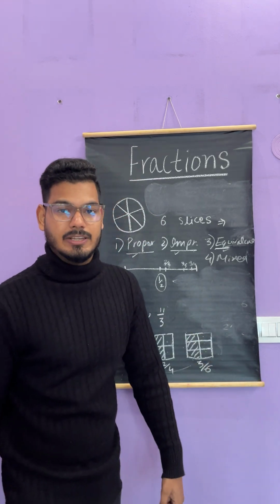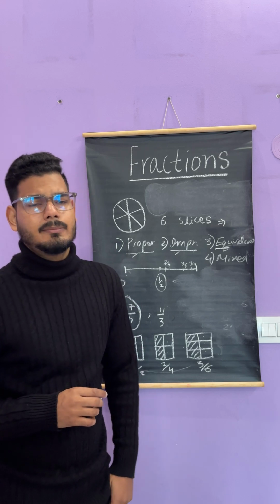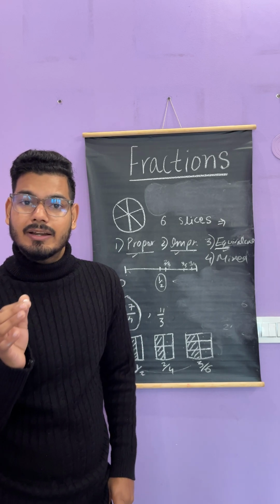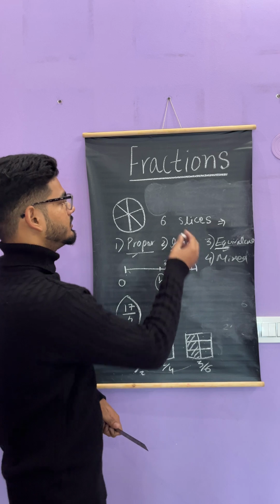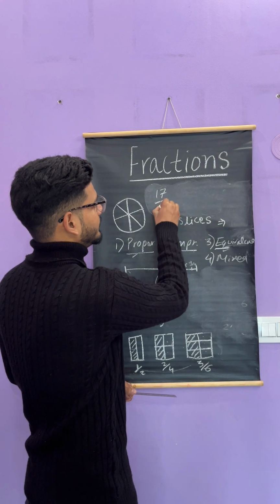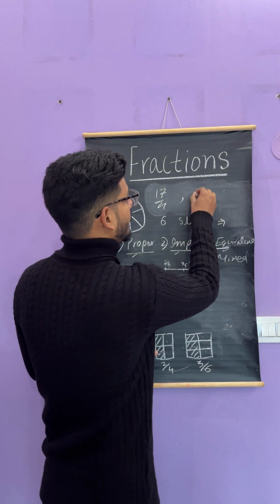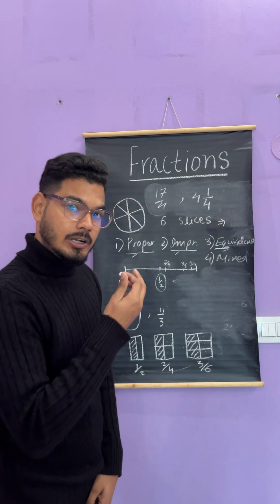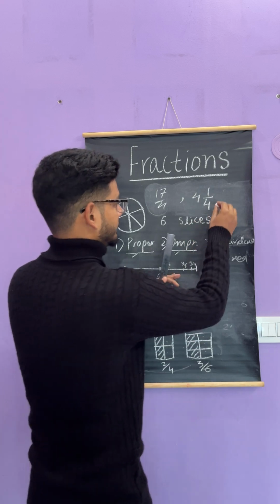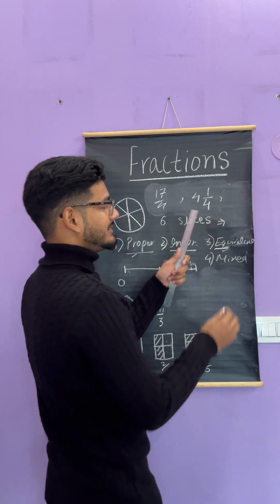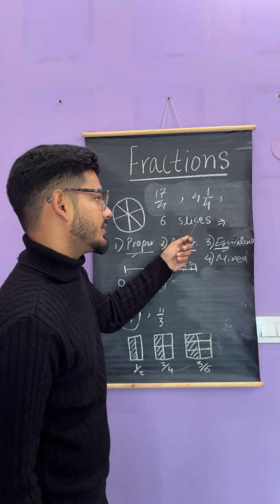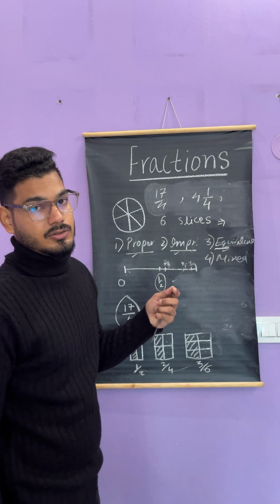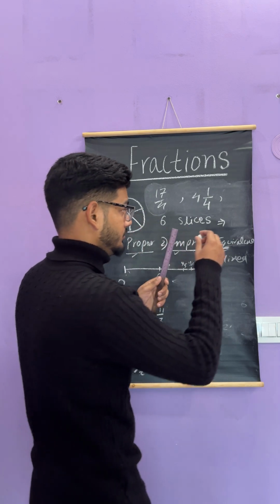Moving on, we have mixed fraction. A mixed fraction is nothing but a mixture of a whole number and a proper fraction. Suppose this was the improper fraction, 17 by 4. We can write it as 4 whole 1 upon 4. How did we write it like this? I'll tell you. Suppose this is a mixed fraction and we need to convert it into an improper fraction. How will we write it? I'll show you.